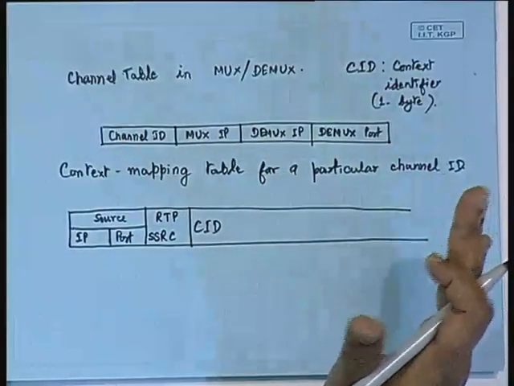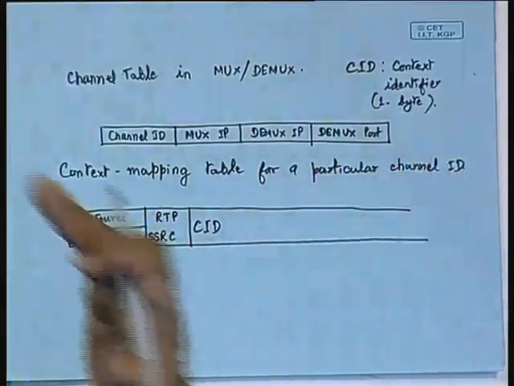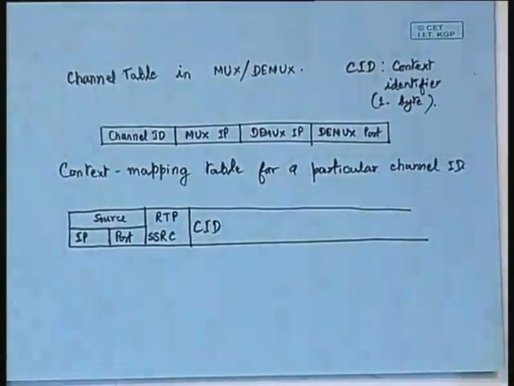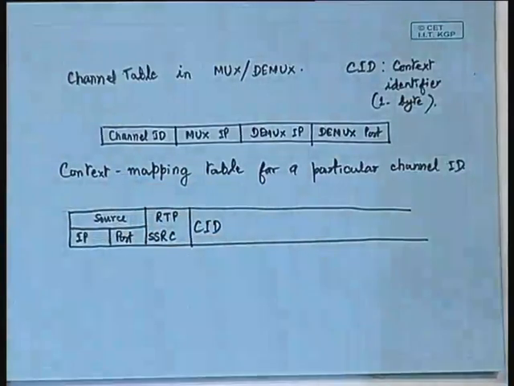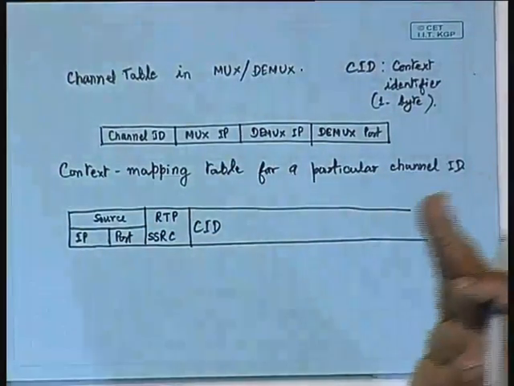See, first of all, when source 1 wants to communicate with destination number 5, a channel is defined for that, where you have to specify from which multiplexer it is going to which demultiplexer and what is the port number that corresponds to destination number 5. Everything should be specified in this table, and then there will be a channel ID.